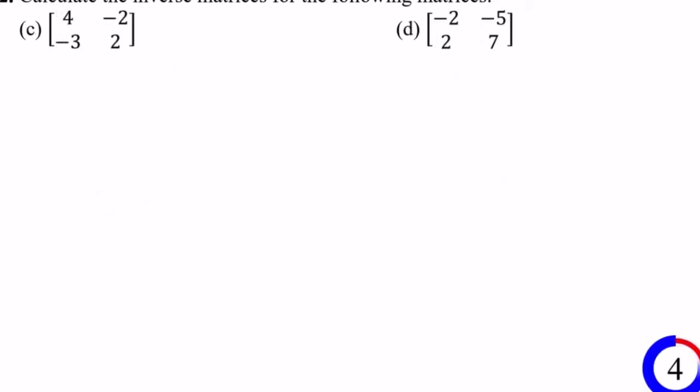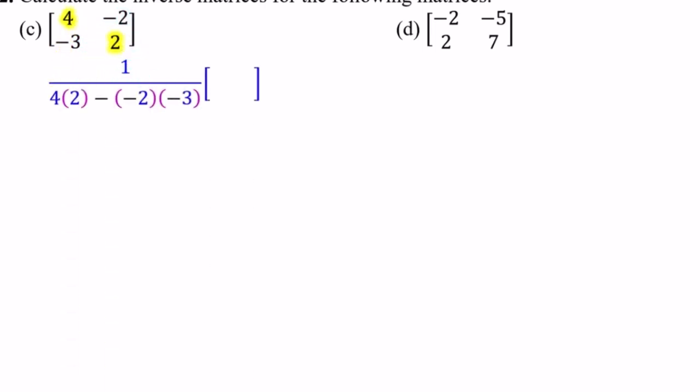Alright, for C, it's 1 over 4 times 2 minus negative 2 times negative 3, right? So okay, let's change the position for 2 and 4, and we change the sign for 2 and 3, right? So the final answer is 1, 1, 3 over 2, 2.